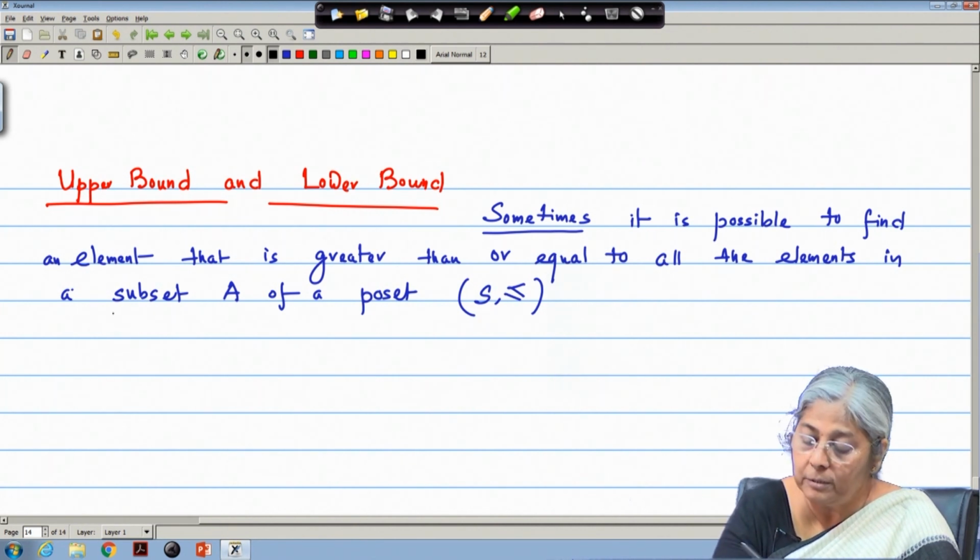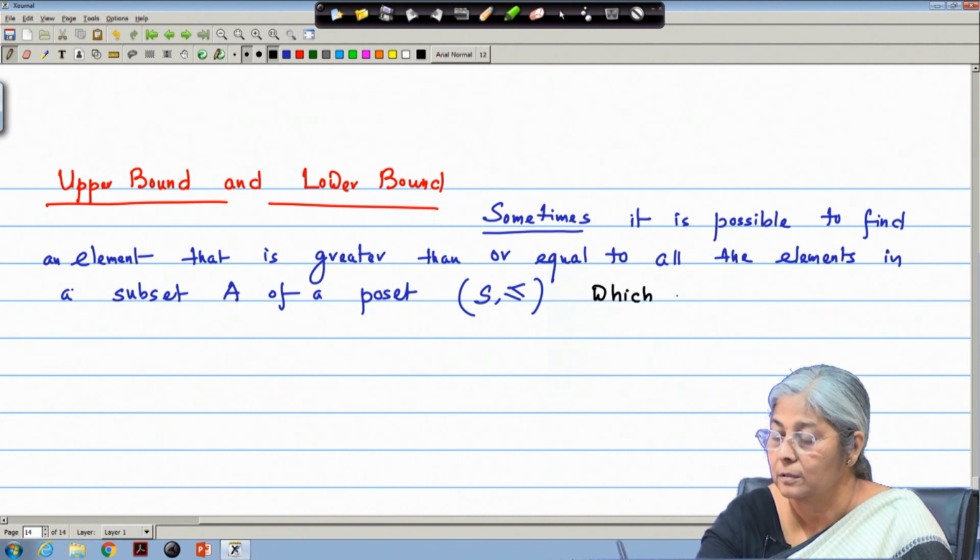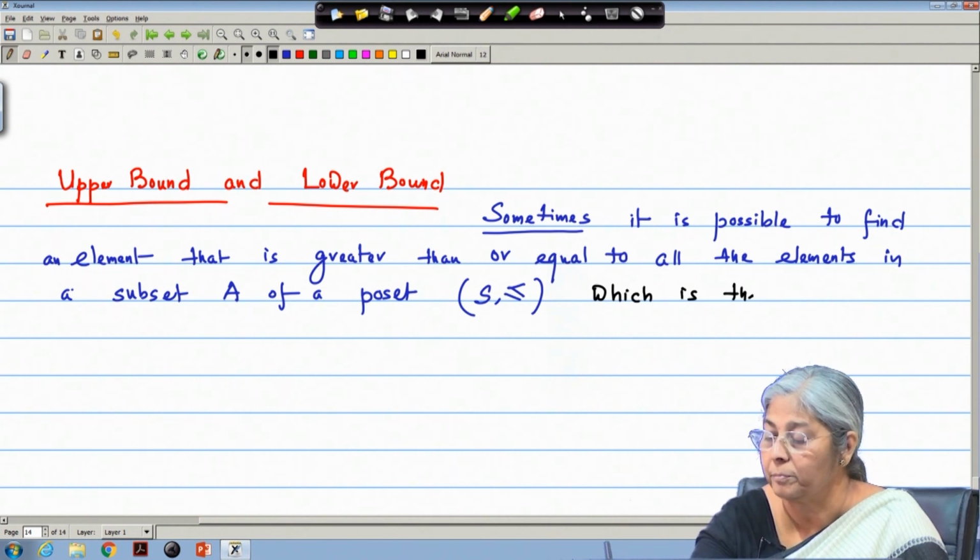It is greater than all the elements, and this element is the upper bound of A.